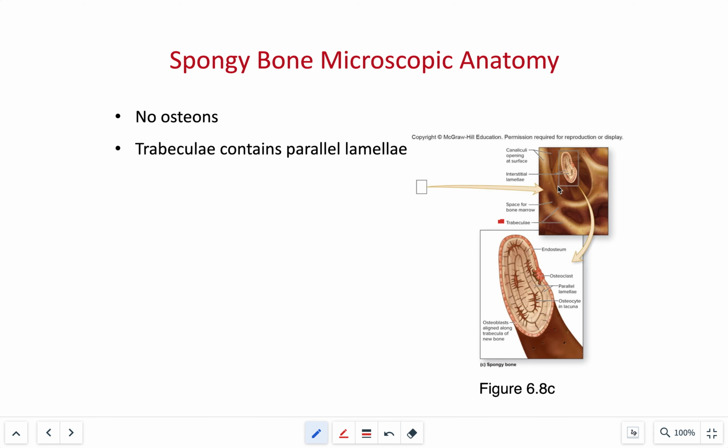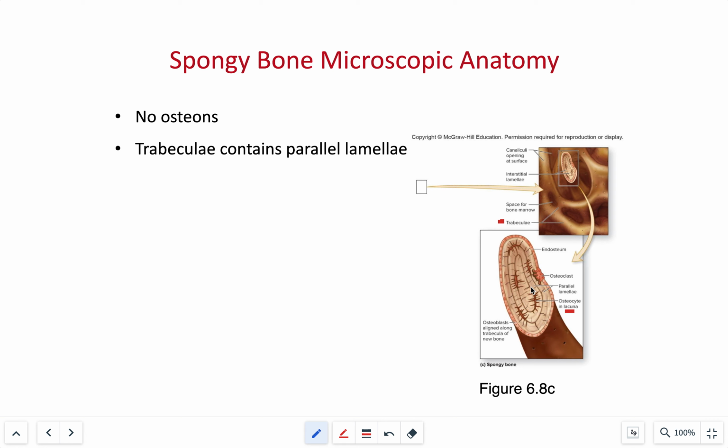When we're looking at the osteocytes inside of the lacunae, inside of these trabeculae, the nutrients reach the osteocytes by diffusion. Through these canaliculi are connections in between each one of the individual osteocytes.